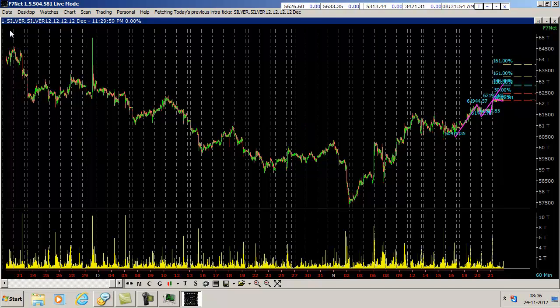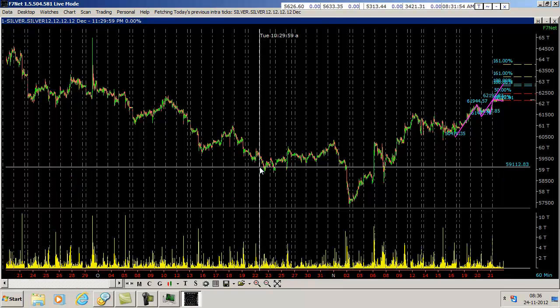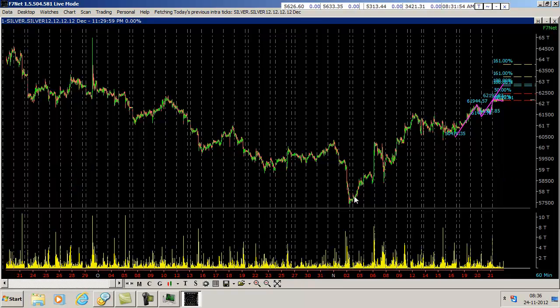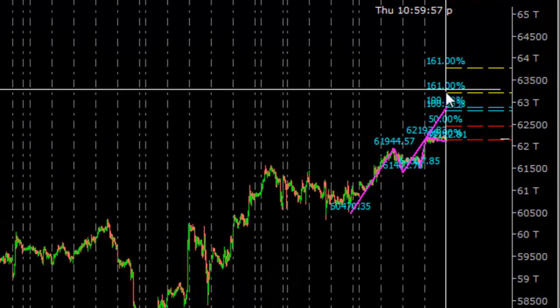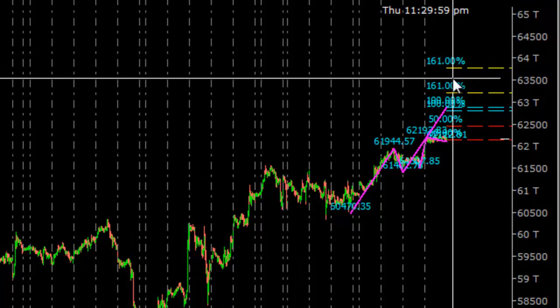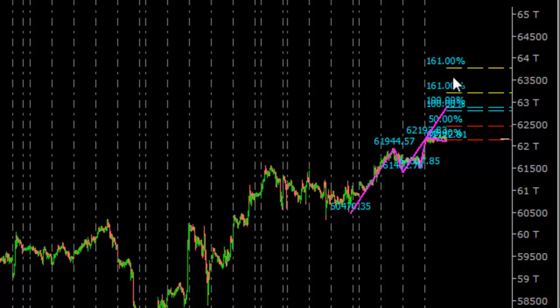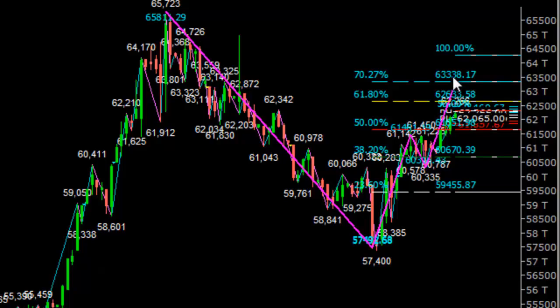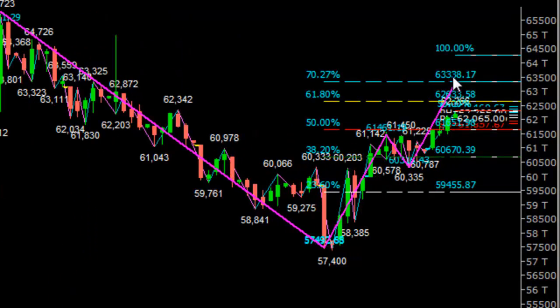Based on this bottom and this top, this bottom is predicted. Based on this top, this bottom and this top, silver can correspondingly come up to 63,600. So this is the advantage the symmetrical theory has in predicting the tops and bottoms.